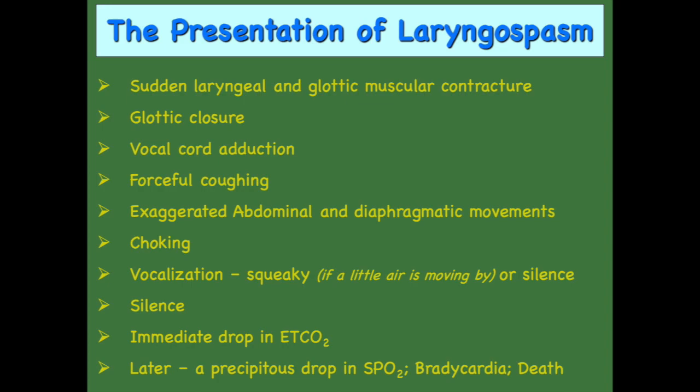The vocal cords adduct, as we saw in the picture earlier, and just stay closed. If the patient is forcefully coughing and trying to clear it, that's the best thing that we can do to take care of a laryngospasm. And we'll talk about that a little bit later. It's best to have the patient forcefully open up by coughing their glottis.